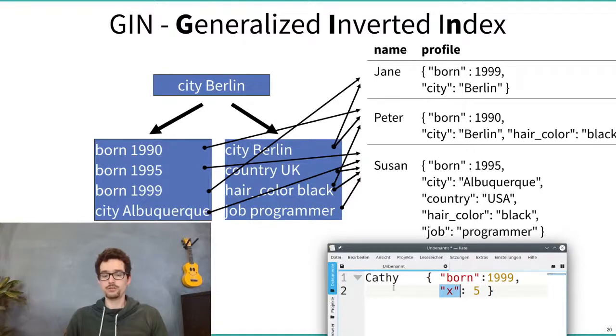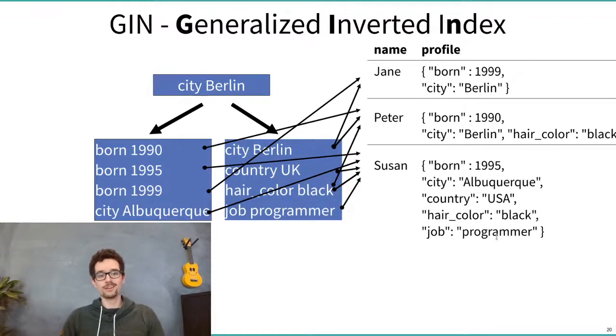After each insert, after each update, after each delete, the index has to be maintained. Yeah, and if X is not an array with 5, but with 1, 2, 3, then it now adds 4 items into this index: born 1999, X1, X2, X3, to find it even if it is an array.